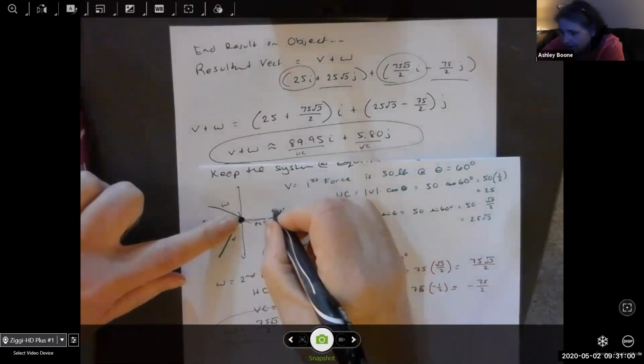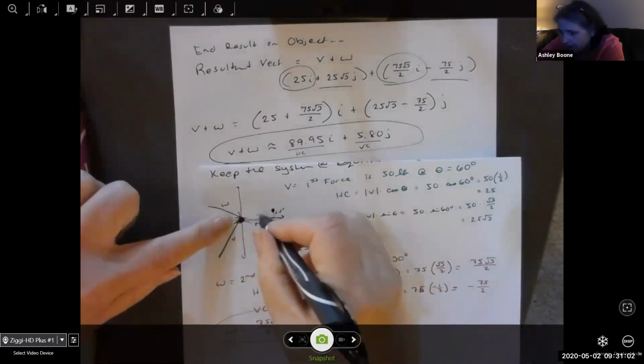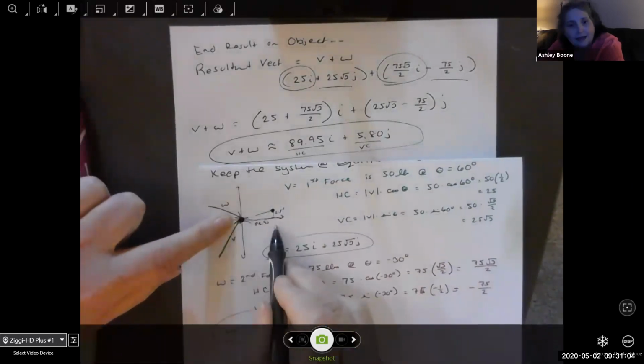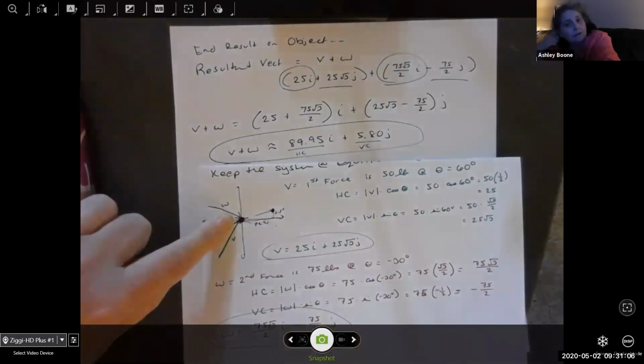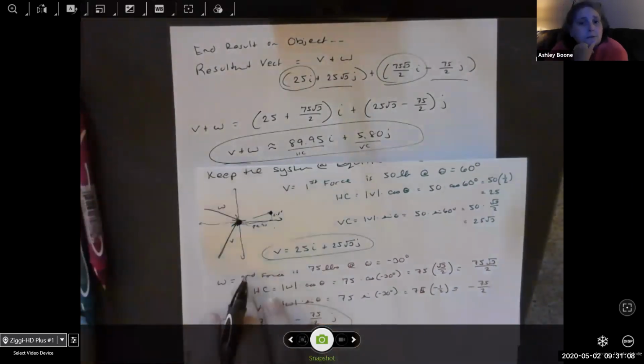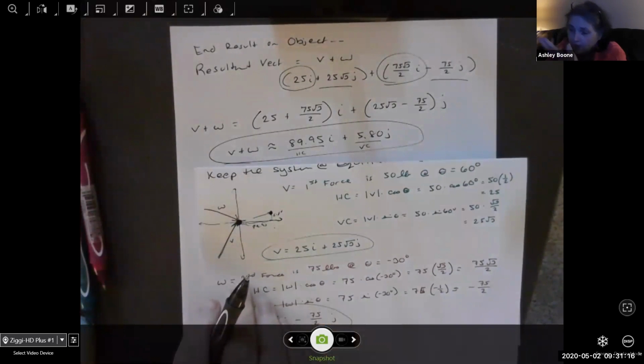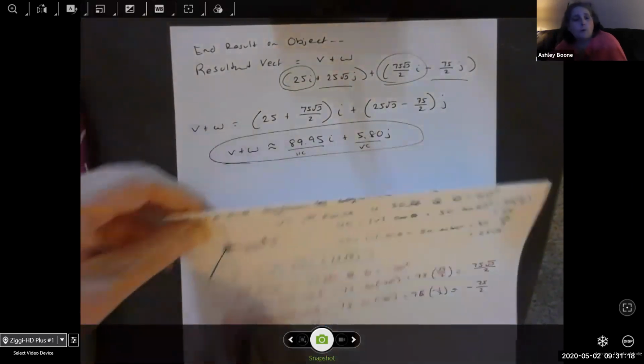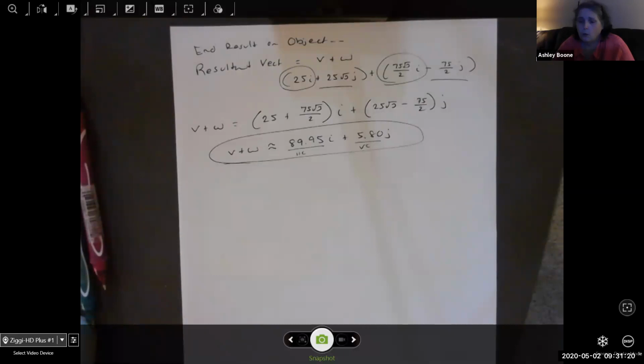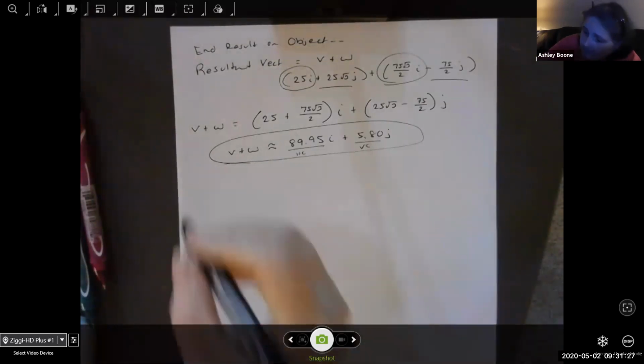That object has actually been displaced to the right 89.95 and up by 5.80, with both of those forces acting on it for a set period of time.